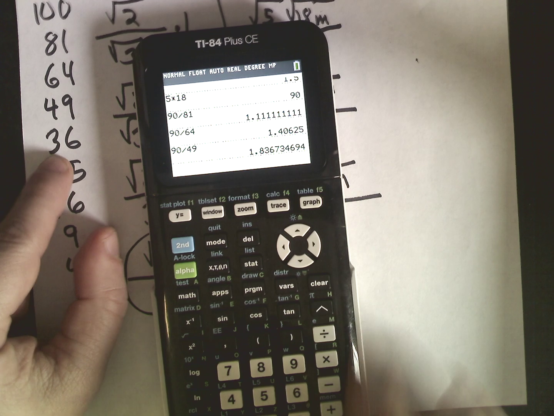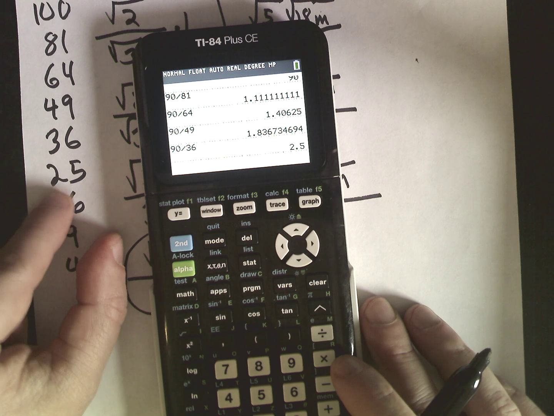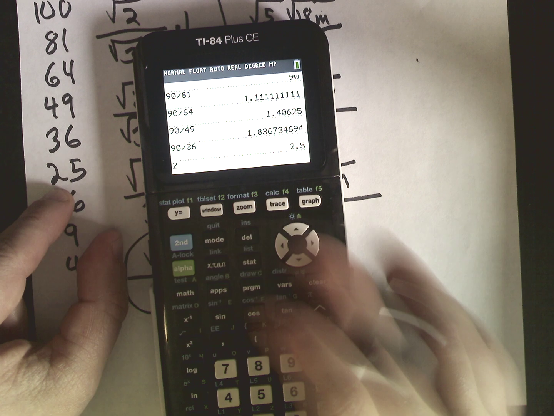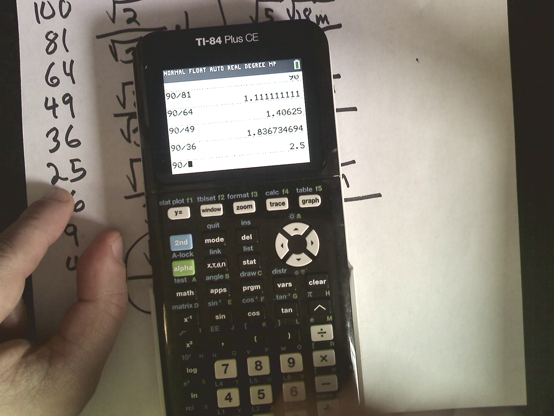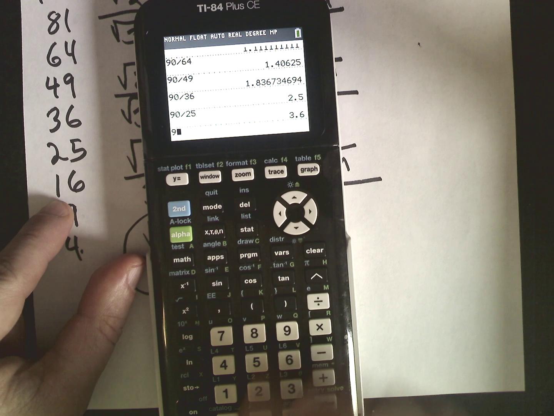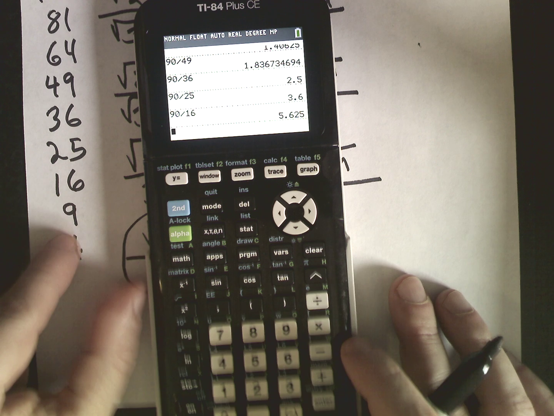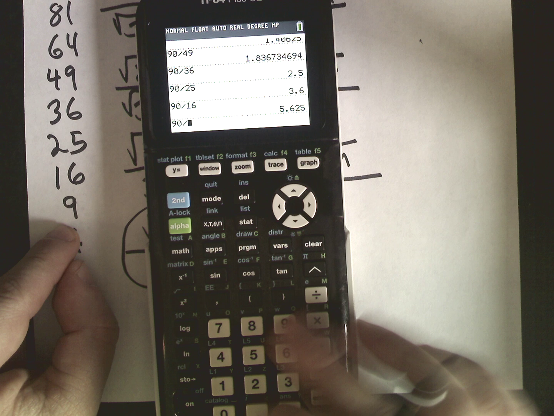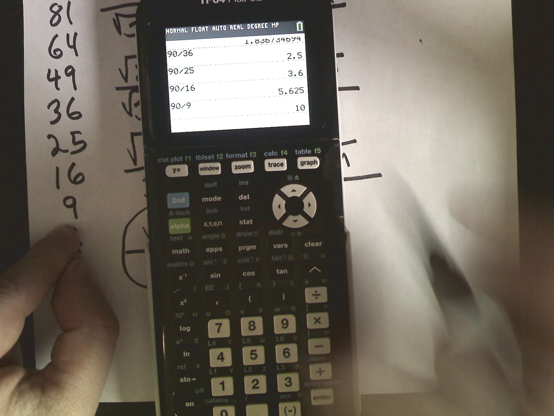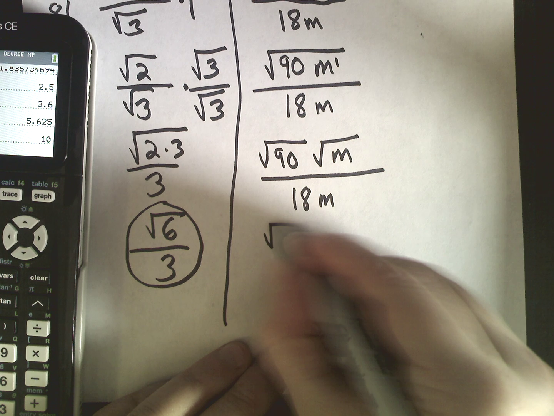Decimal, move on. 90 divided by 36. Decimal, move on. 90 divided by 25. This is not looking good, right? 3.6. 90 divided by 16. Decimal, move on. 90 divided by 9. Boom. 9 times 10.